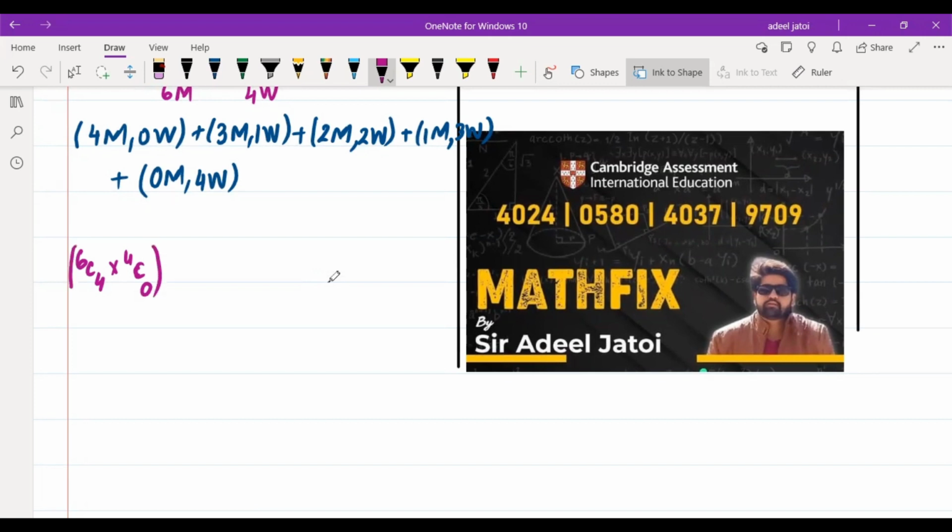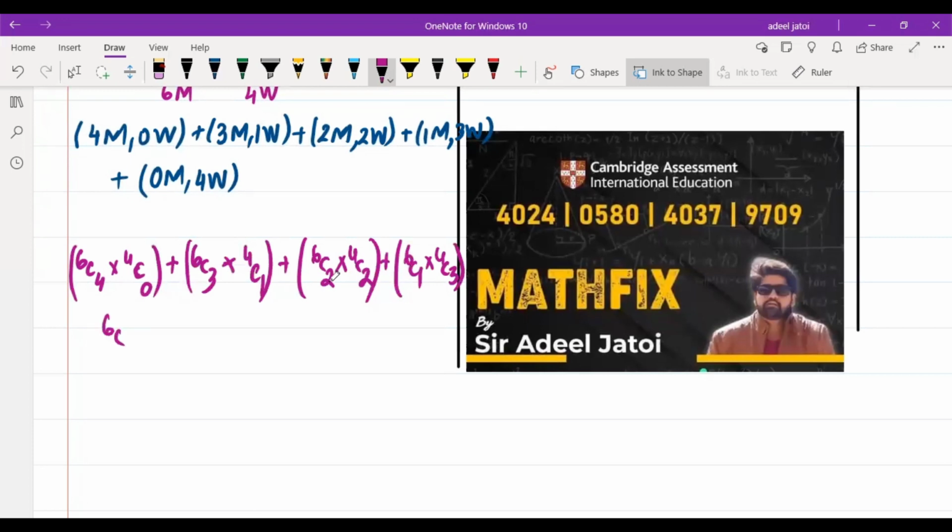So this is your first option, plus 6C3 multiplied by 4C1, then 6C2 multiplied by 4C2, then 6C1 multiplied by 4C3, and lastly, we will have 6C0 multiplied by 4C4.